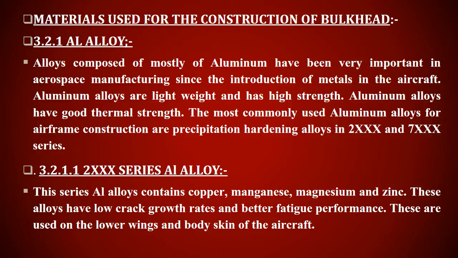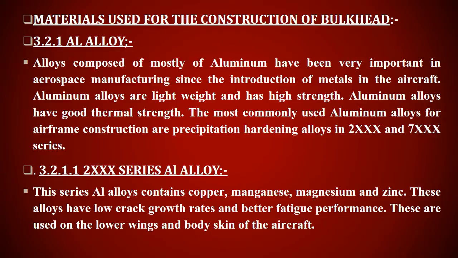We chose aluminum alloy, because in most of the aviation industry, aluminum alloy has more strength and more reliability. This aluminum alloy is also cheaper as compared to other metals.